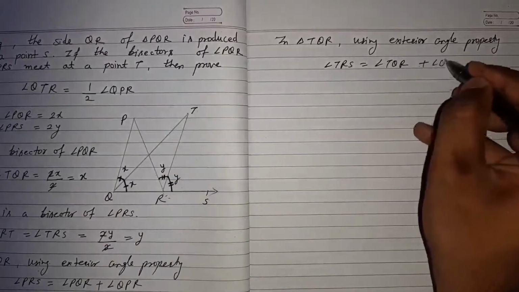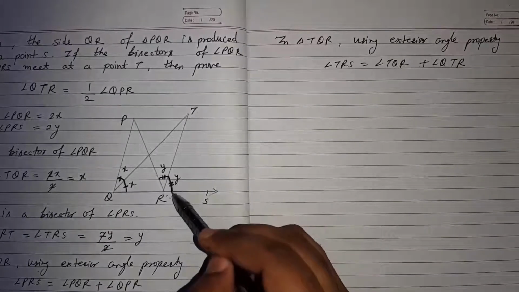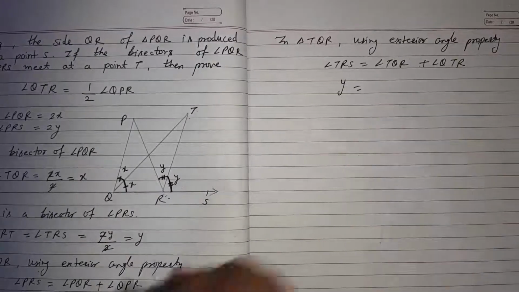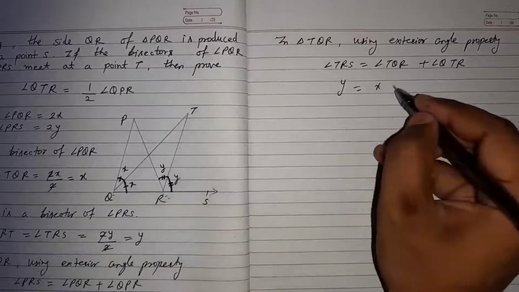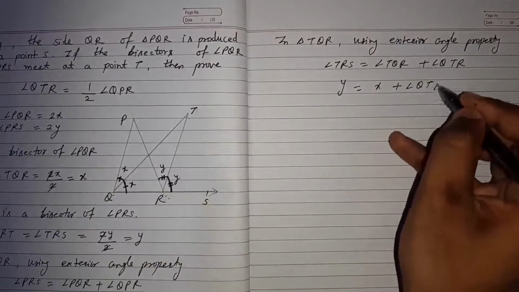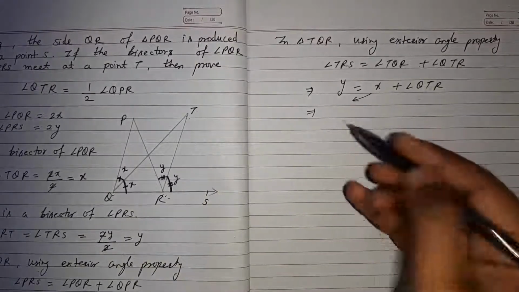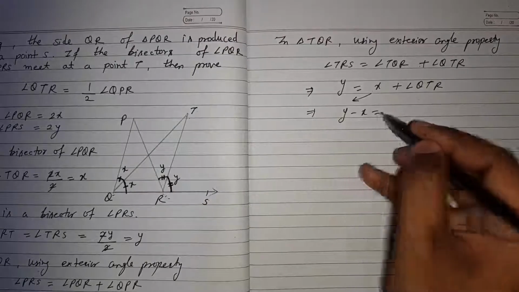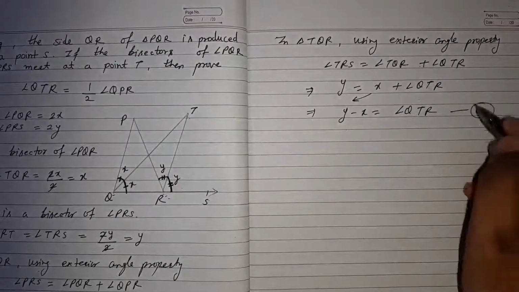Now angle TRS, this angle, is y, angle TQR, this angle, is x, plus QTR we have to find out. Now transpose x, so it will be negative, so y minus x is equal to angle QTR. This is equation number 2.